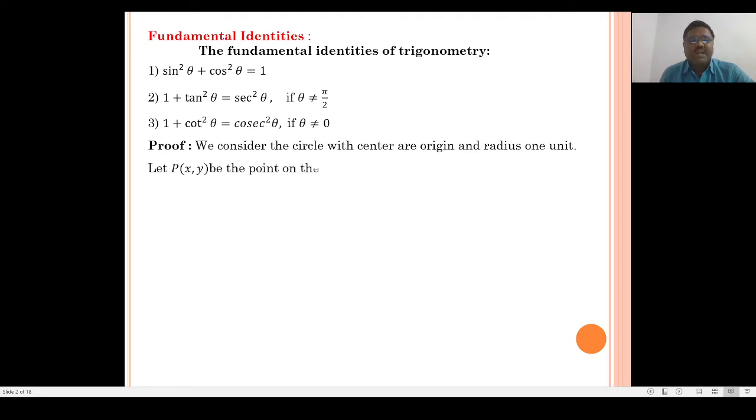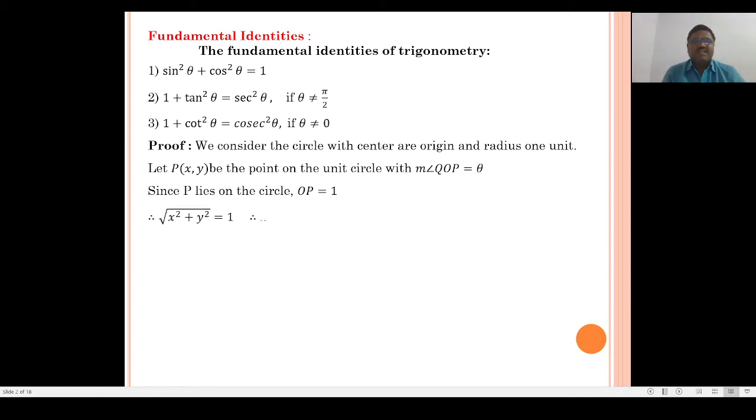Let P(x, y) be any point on the unit circle with measure of angle QOP equals theta, and since P lies on the circle, OP equals 1, and by distance formula we know that x square plus y square equals 1. So the distance of OP from the origin is 1 unit, and it's calculated by x square plus y square equals 1.